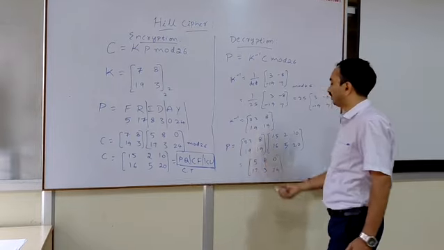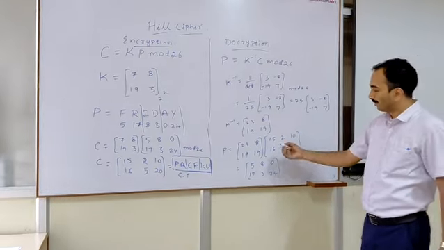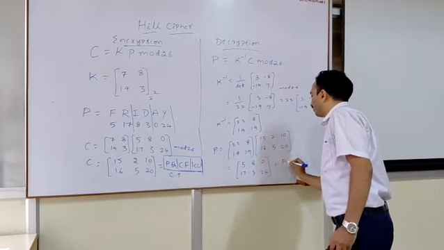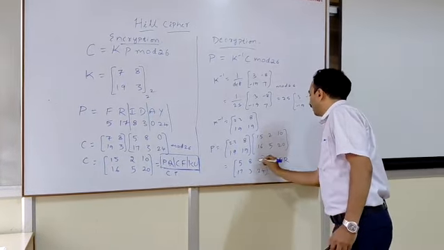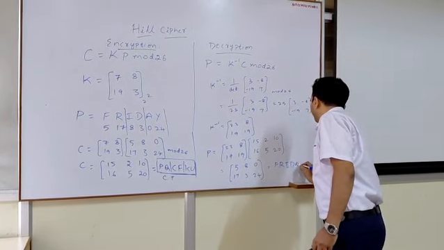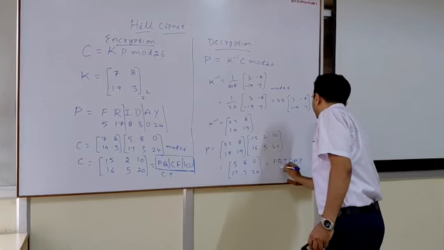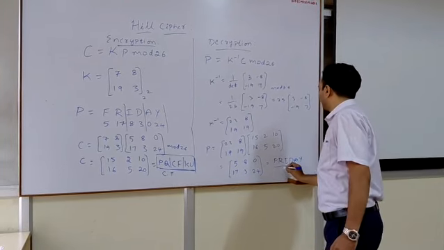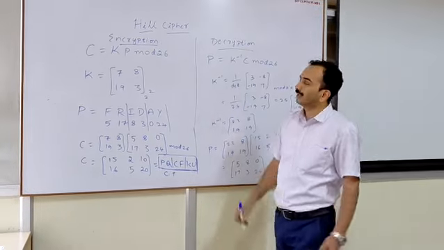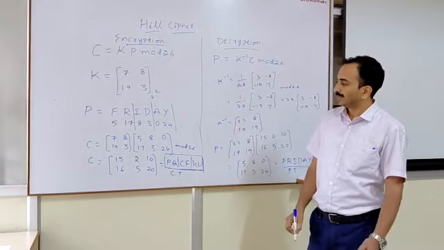Converting the numbers back to characters, 5 is F, 17 is R, 8 is I, 3 is D, 0 is A and 24 is Y. This is my plain text. So we retrieved the plain text back from the ciphertext using the key cipher technique. Right, thank you.